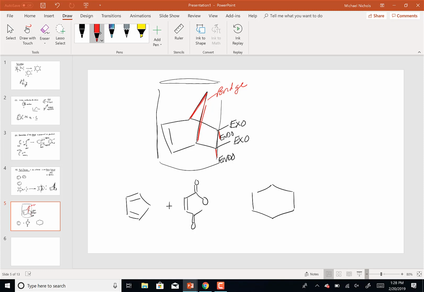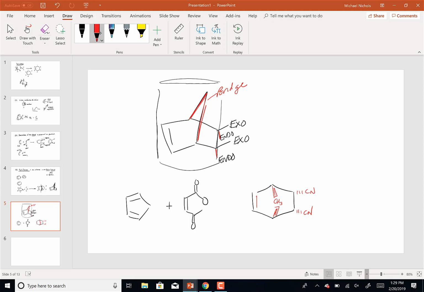The bridge and the endo positions are opposite. So that means over here, if I wrote my bridge with a bold wedge, my CN groups would have to go on a dashed wedge. And then there'd be a double bond. So you can write the product this way.